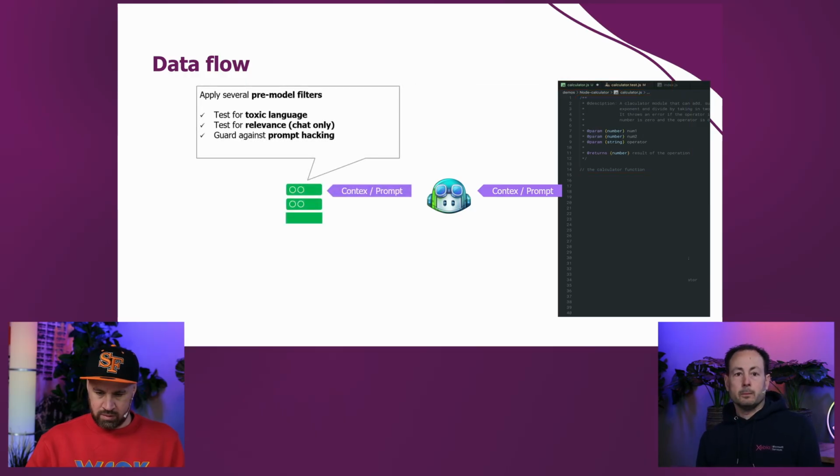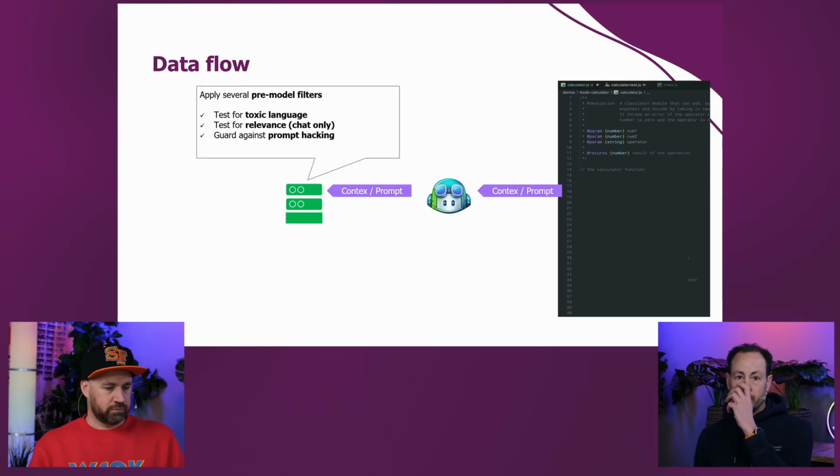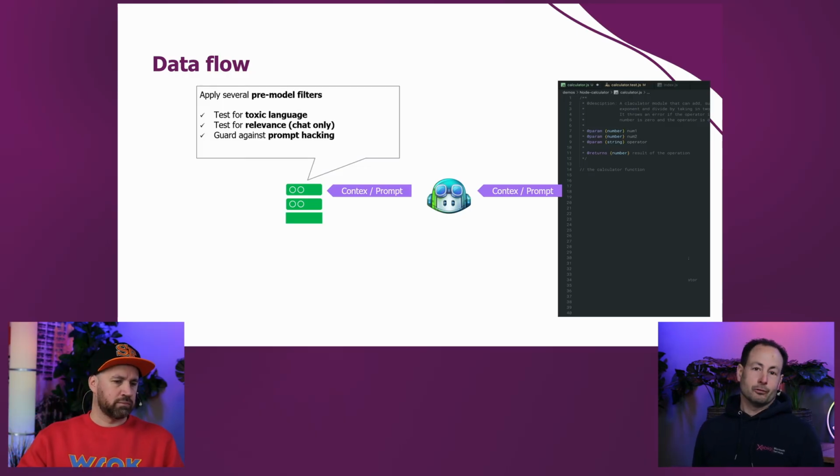In that proxy, some checks will happen. First one is, of course, toxic language. It will be removed. It will test for relevance. That's only for chat, so for ask, edit, agent mode, and plan mode. It will check if you're trying to generate a recipe or a poem, which is not relevant for Copilot at least, or if you're really doing something related to software development, and then it is relevant.